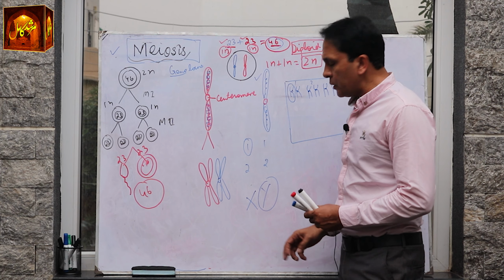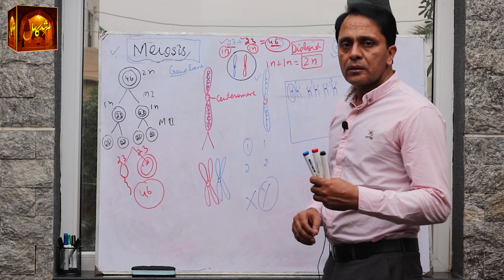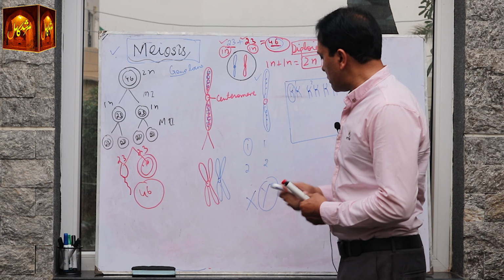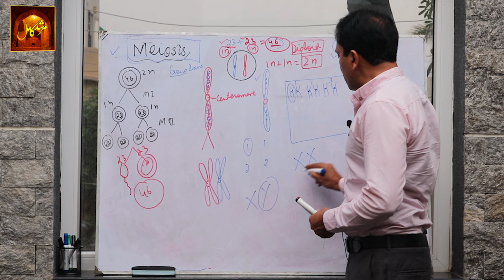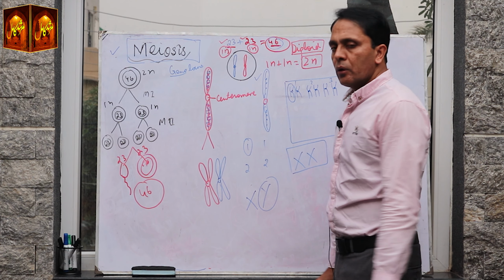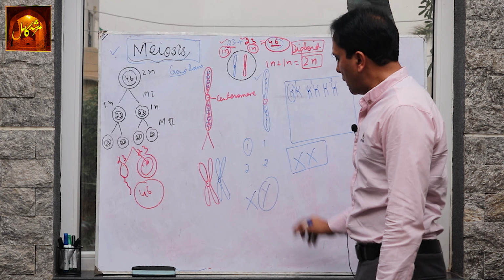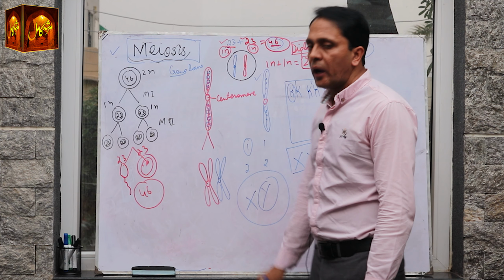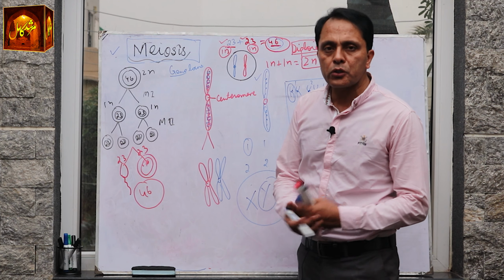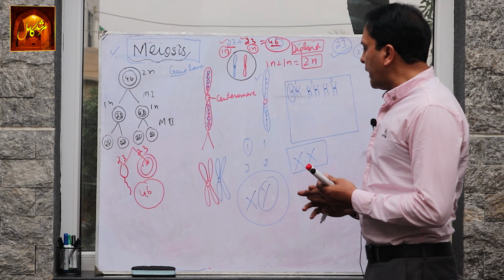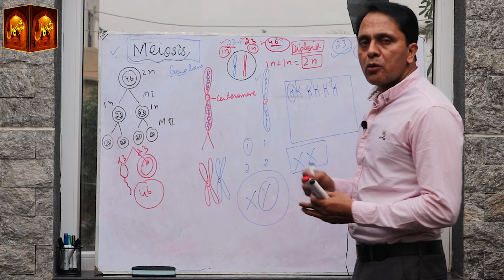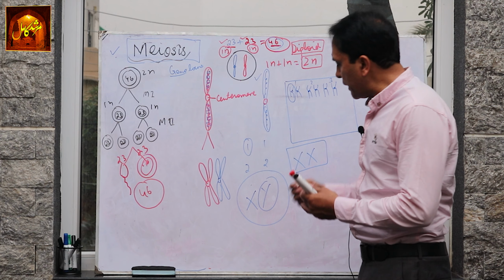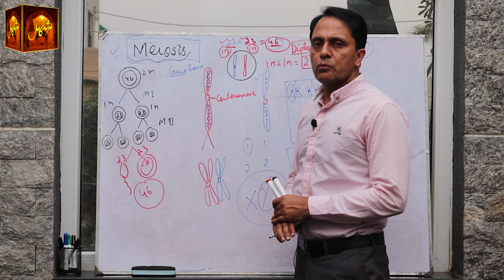But the last pair, the sex chromosomes: XX in females is a pair of homologous chromosomes. But XY is not homologous, because Y is shorter in length and definitely will not carry out some functions in coordination with the X chromosome.